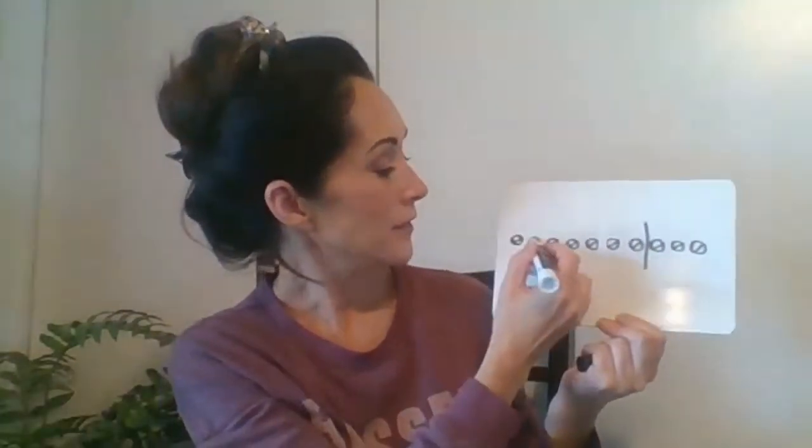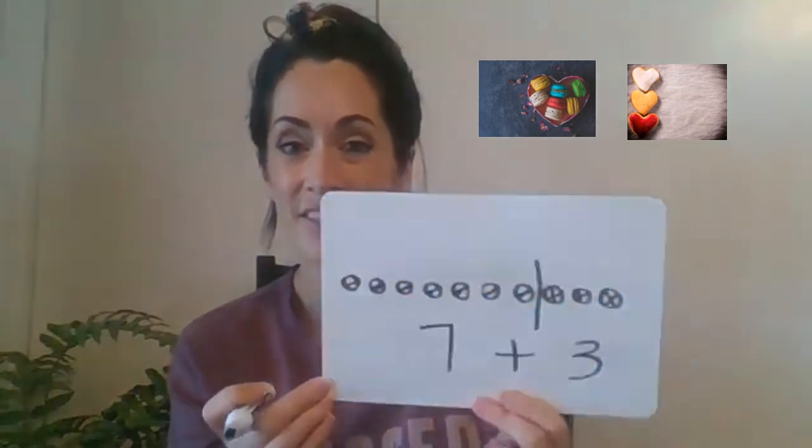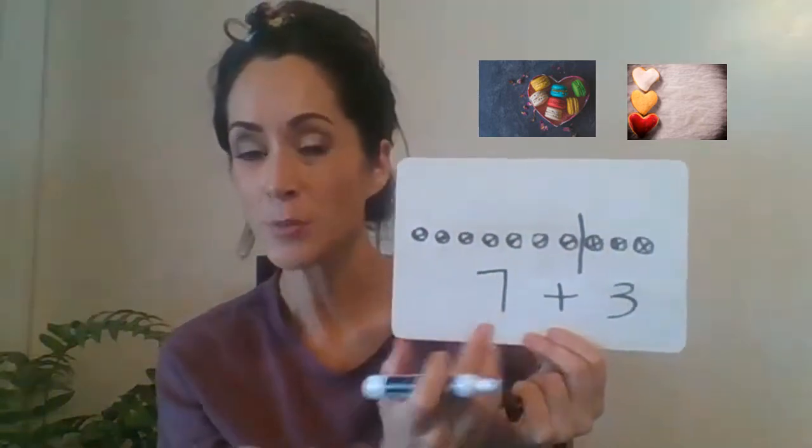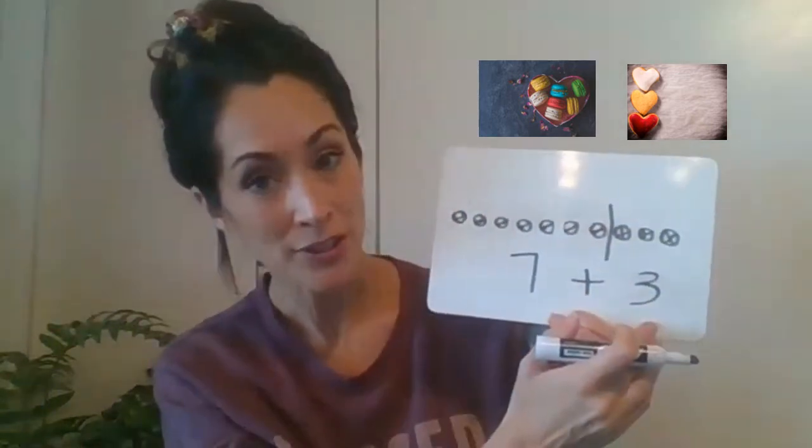We have 1, 2, 3, 4, 5, 6, 7 over here. And we have 1, 2, 3 on this side over here. Together, 7 and 3 equals 10. We know that the value still is 10. It's just breaking it up into different partners.